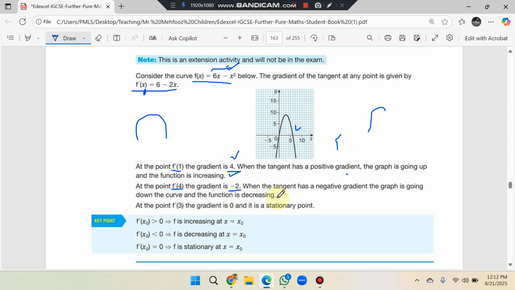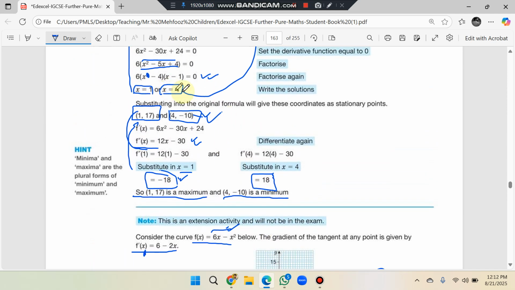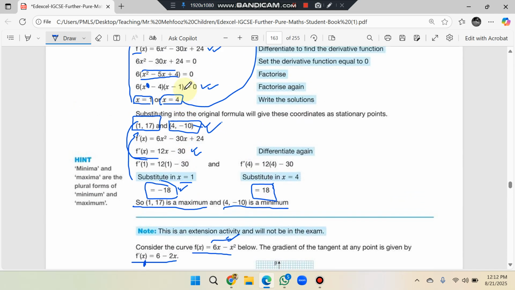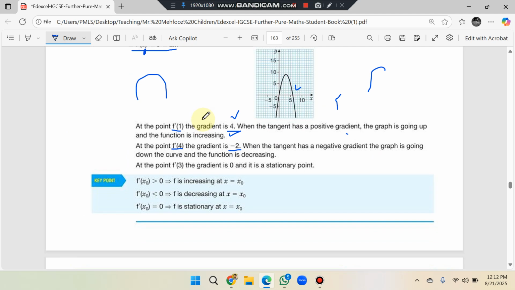It means that when we put values of x into the first derivative, if the first derivative is positive, the function is increasing. If the first derivative is negative, the function is decreasing. If we take the double derivative and it is negative, it is a maximum point.